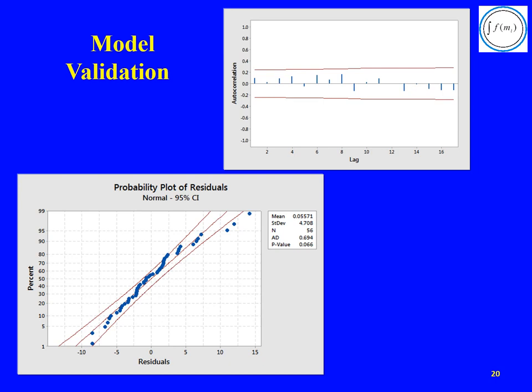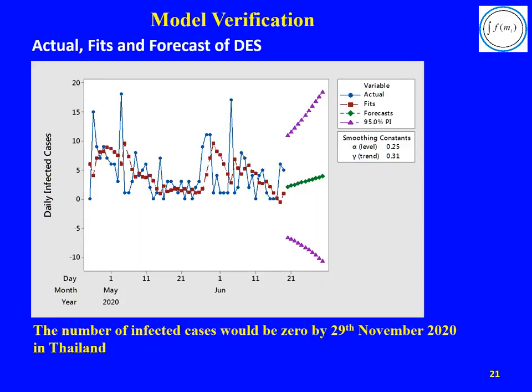The other part, the probability plot of residuals, confirms that the errors are normally distributed. So I put it here for your further information. This is one of the most important parts in a model based analysis or modeling process.